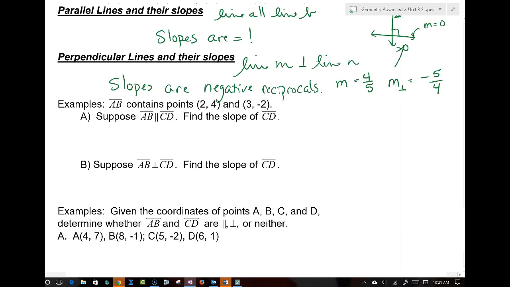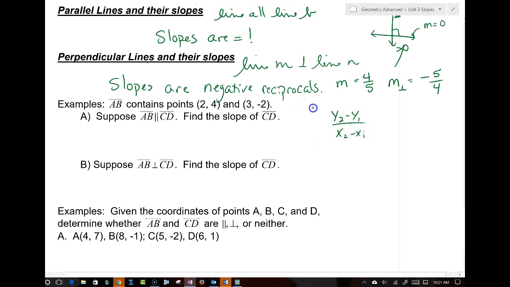It says, AB contains points (2, 4) and (3, -2). So suppose that AB is parallel to CD. Find the slope of segment CD. I don't know any points on segment CD, but should I still be able to find its slope? Because the slopes of parallel lines are what? Equal. Exactly. So I'm going to do my slope formula, y2 minus y1 over x2 minus x1.